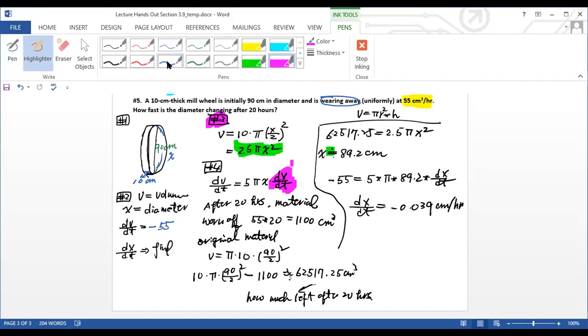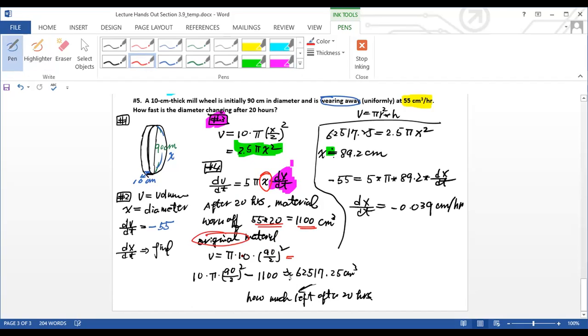The reason for the extra step is that we need to find this x, so you need to see how much has worn off after 20 hours. And this is the original material, right?